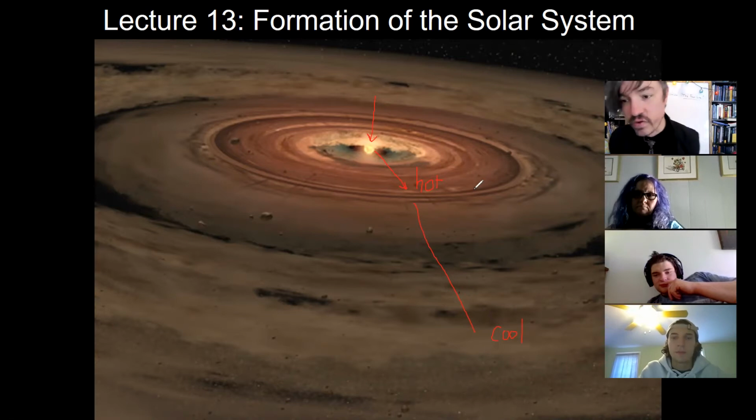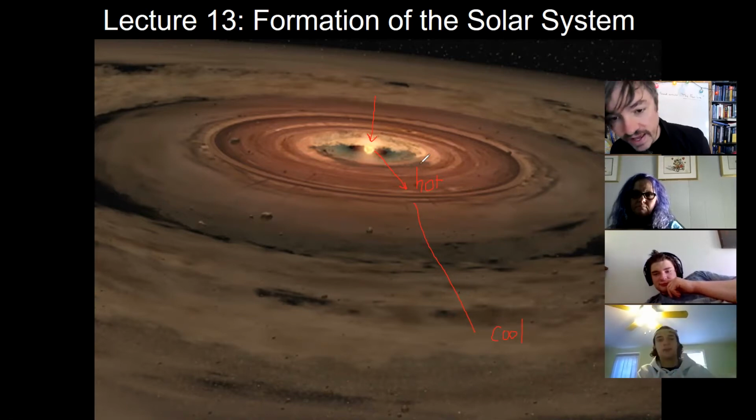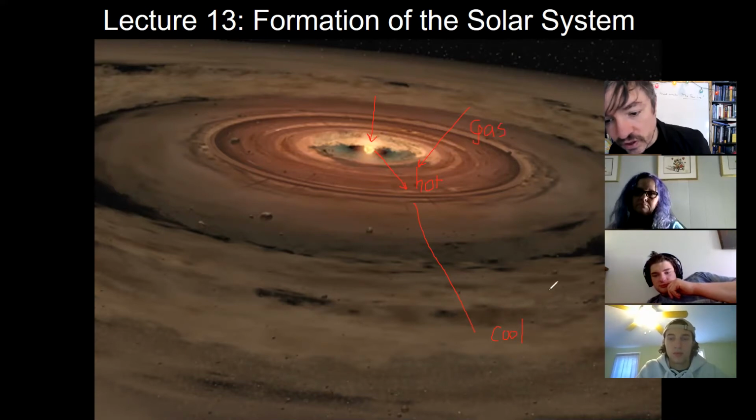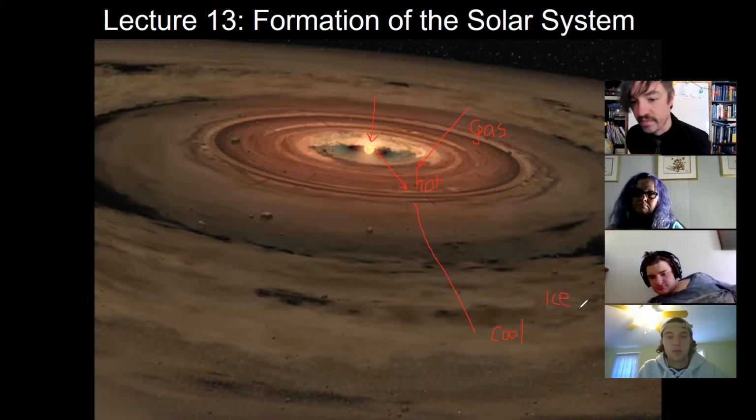Rocks and metals, as you know, remain solid even at very high temperatures. But ices, such as water, are called volatiles. Near the sun, where it's warm, ice would be in the form of a gas. Further out, where temperatures are cooler, the water would condense into something like ice.